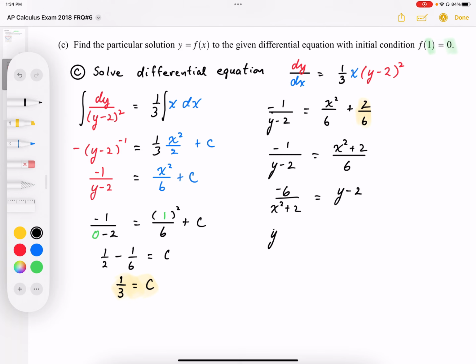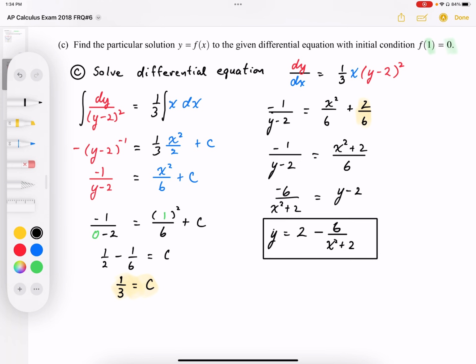I end up with y is equal to 2, I'm going to do plus 2 on both sides, minus 6 over x squared plus 2. So this represents the particular solution to that differential equation.